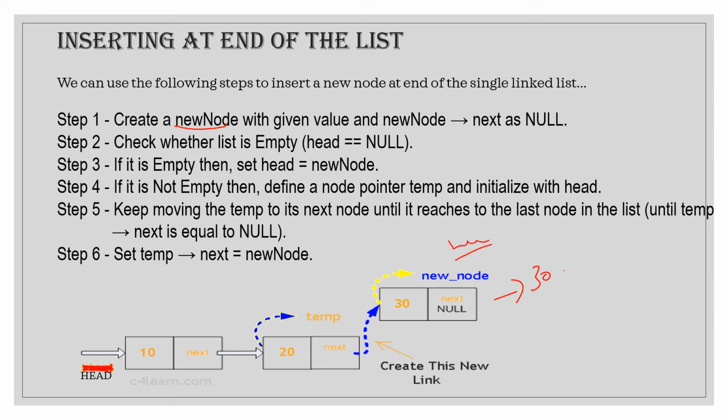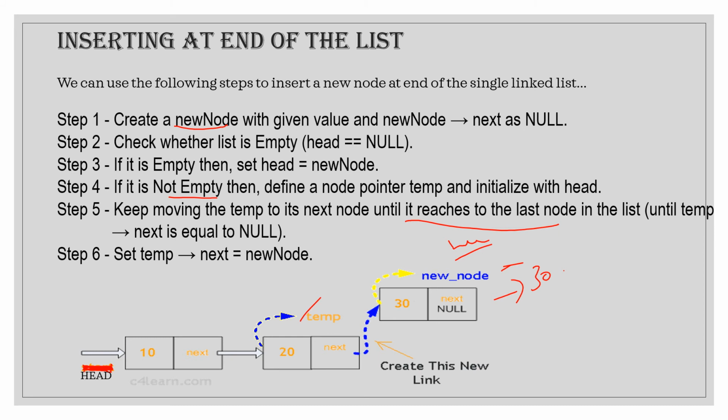If it is not empty, then define a temporary node pointer. This will help us traverse through the list to find the current last node, so that we can insert the element 30 at the last position. Keep moving the temporary pointer to its next node until it reaches the last node. How will we find the last node?